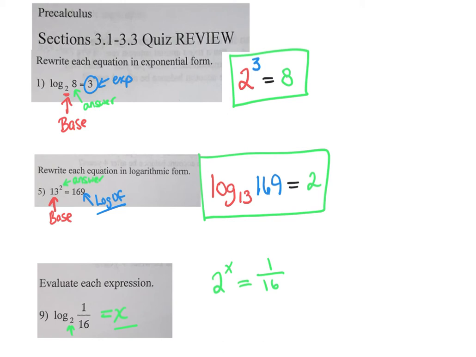So you really just have to figure out how many times do you multiply 2 by itself to get to 16. Well, 2 times 2 is 4, times 2 is 8, times 2 is 16. 4 times. You multiply it 4 times to get to 16. So then I know it has to be negative to put it in the denominator. So my X here, or my answer here, is negative 4.